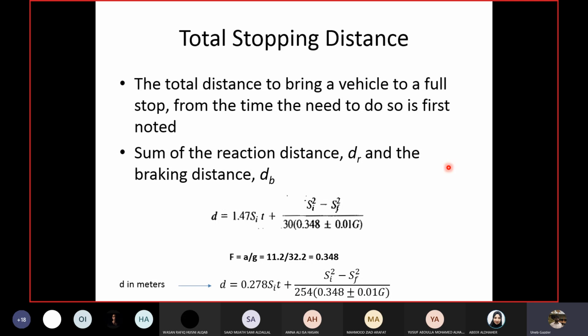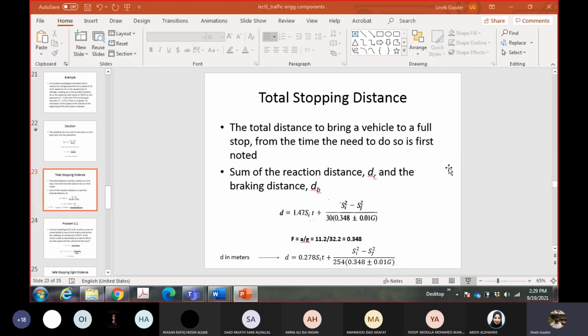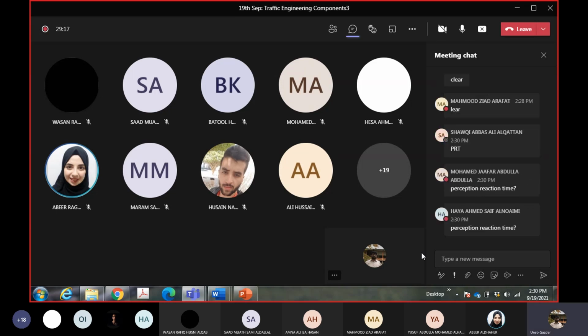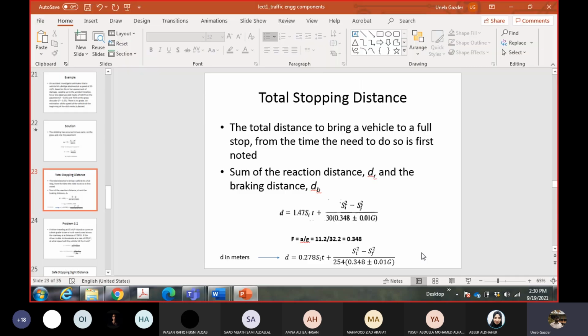What did we call this process when you are thinking that you have to stop? When you look at something and you start thinking, I need to stop, what do you call this process of thinking? Perception reaction process. Perception reaction time is the time you take in this process.